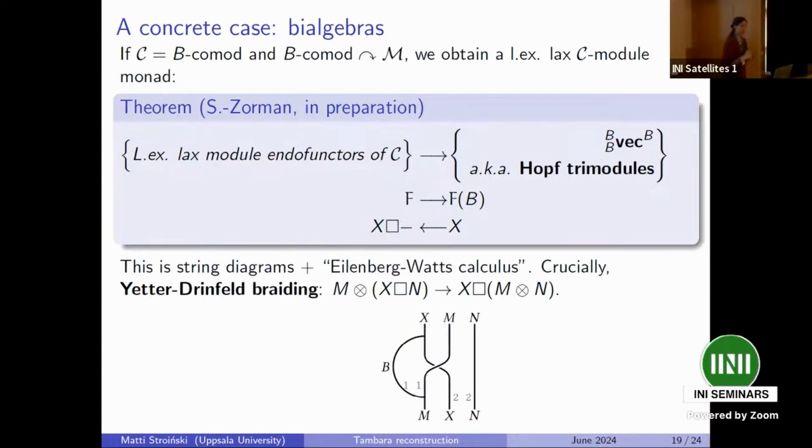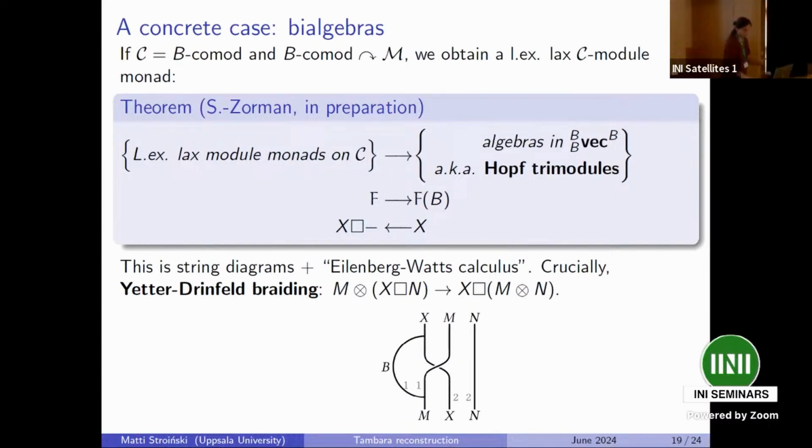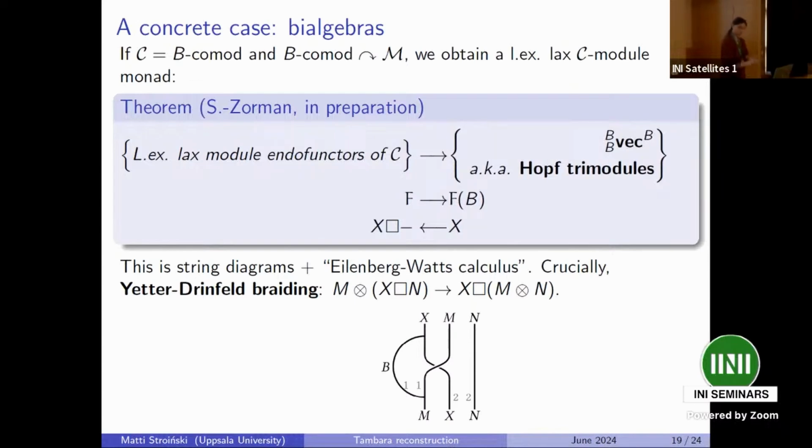Let's look at some bialgebra B, and let's see the category of finite dimensional comodules over B. Consider some nice module category M over this, and we obtain a left exact lax C module monad from this two-sided construction, because we can identify Tambara modules with some nice module functors via the Eilenberg-Watts theorem.